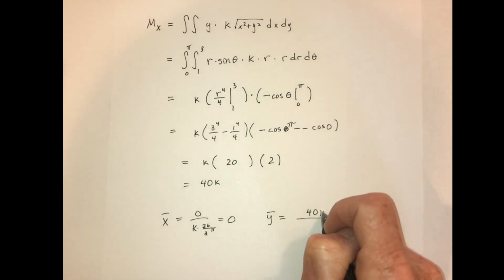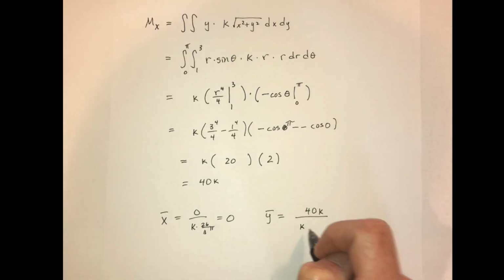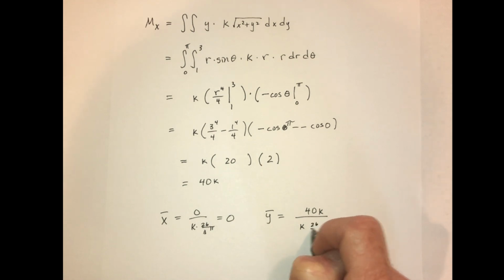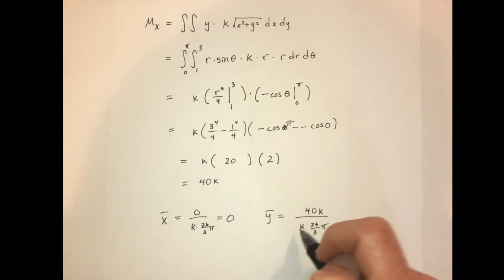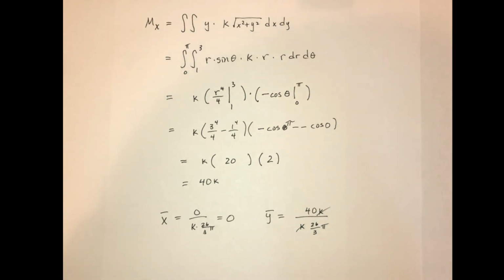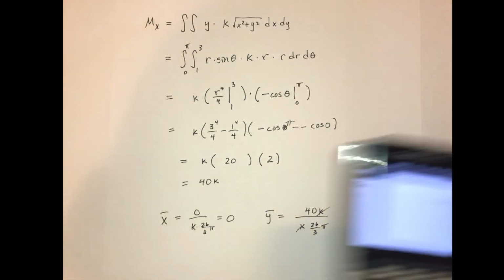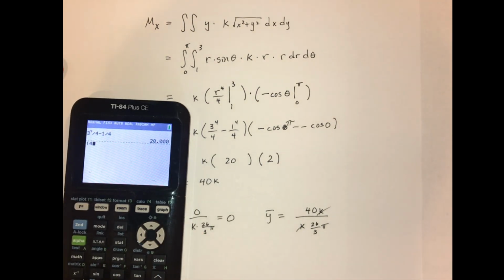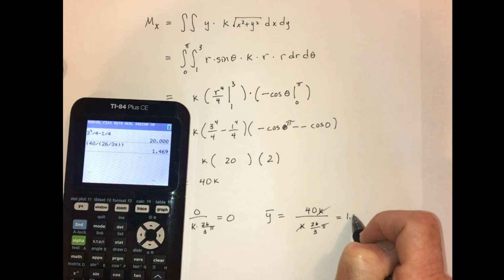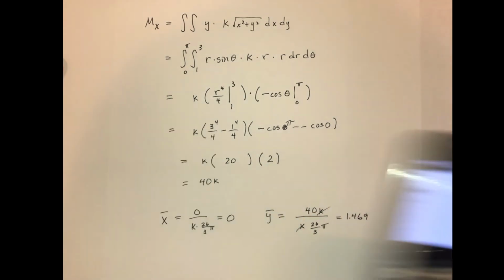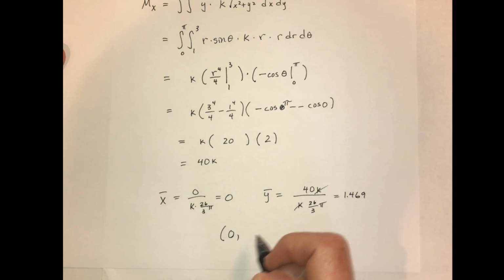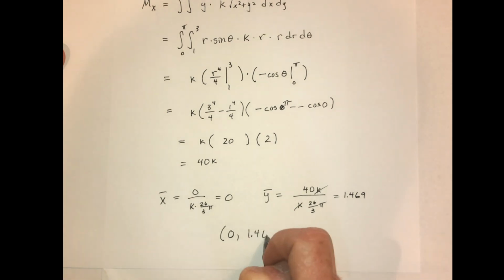Okay, so 40k divided by k times the 26 thirds pi. And this is where the k's can cancel. And then finally, it is 40 divided by 26 thirds pi, and that does need parentheses. So 1.469. So the point is 0, 1.469.